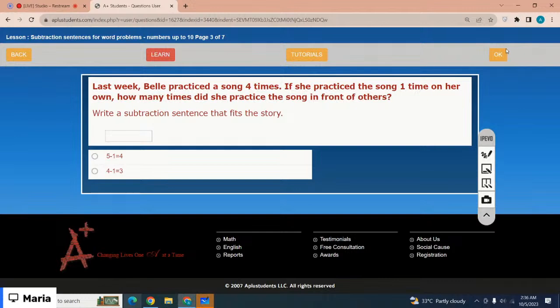Which subtraction sentence fits the story? That would be 4 take away 1 equals 3, right? The second one is the correct option. The correct option is 4 take away 1 equals 3.